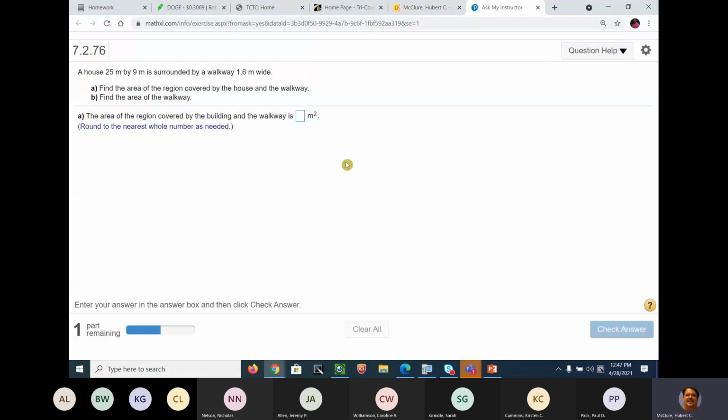A house is 25 by 9 meters. It's surrounded by a walkway 1.6 meters wide. Find the area of the region covered by the house. Okay, so it'd be good to draw a picture on this. A house is 25 meters by 9 meters.